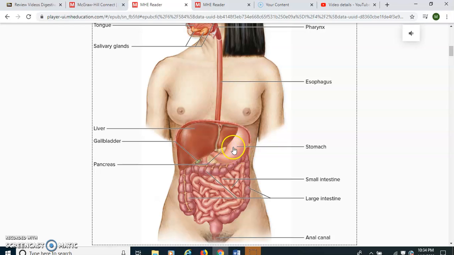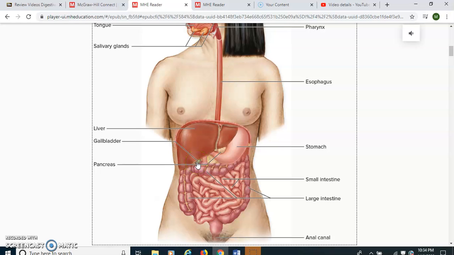Once the chyme that contains the lipids moves into the duodenum and then into the small intestine, the pancreas has one of its enzymes called pancreatic lipase, and that will join the chyme with the lipid in it in our duodenum. Now it can't work yet, though. We need to have that bile.